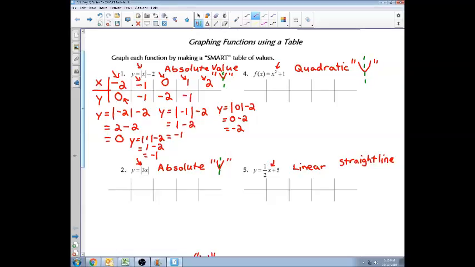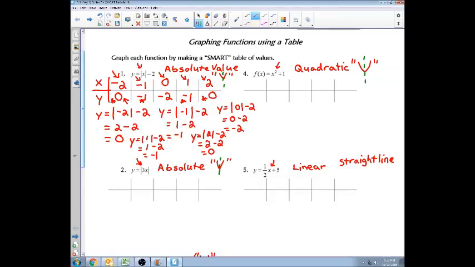Notice that the 2 points that are closest to the center are actually the same. So I have a negative 1 here, and I have a negative 1 there. Let's see if that happens again for the 2 points that are further away from the center. So if I do y is equal to the absolute value of positive 2 minus 2, I get 2 minus 2, which is in fact 0.